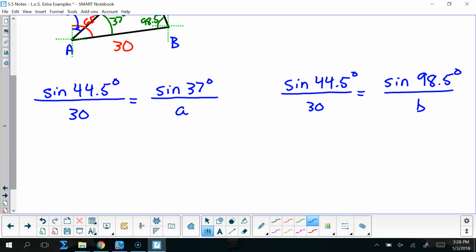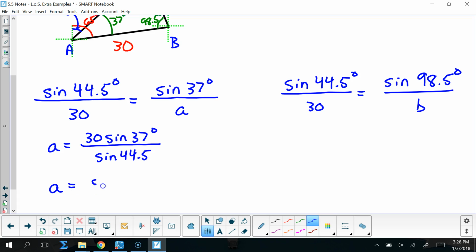Crisscross applesauce puts this one at A equals 30 times the sine of 37 degrees divided by the sine of 44.5, which if I typed that into a calculator, I would get 25.7586.